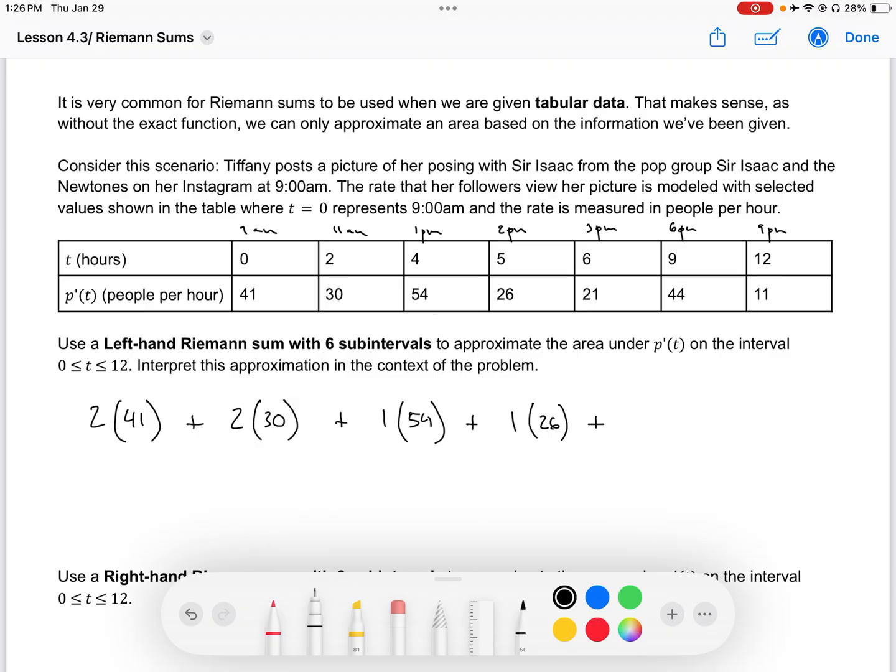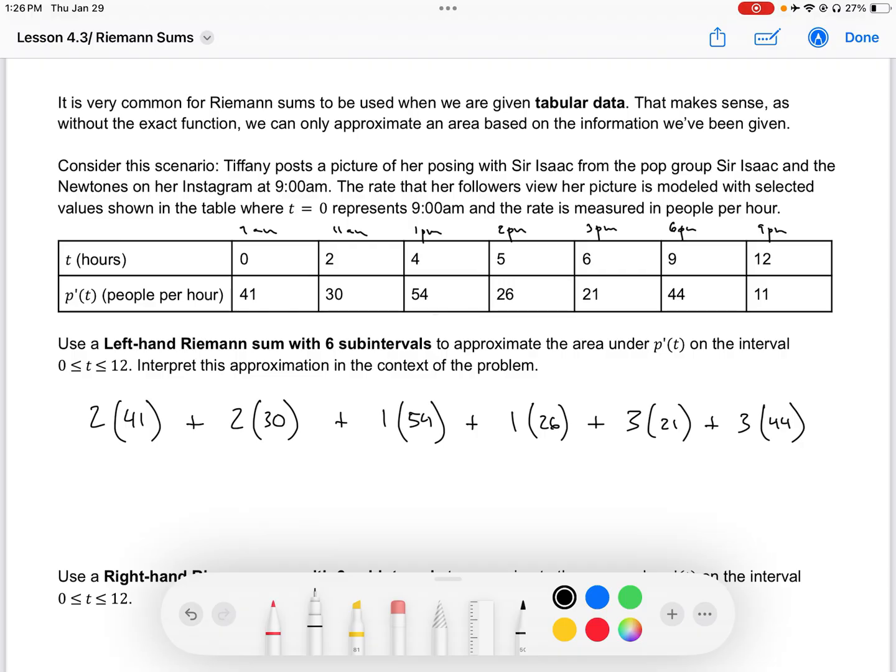Then we had a time period of 3 hours, and we're going to use 21 people per hour, right? Which makes sense. If it's 3 hours, 21 people per hour, we want to count that as about 63 people. And then our last one, again, is a width of 3. 3 hours had passed, and we're going to use 44 people per hour.